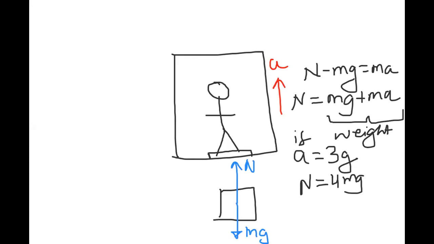If you have A is equal to 9g, your weight will be 10 times the normal weight. So if you have a weight currently of 60 kilograms, it will become 600 kilograms, right? And your legs and your muscles will not be able to hold that kind of weight, and of course they will break. They will just give way.